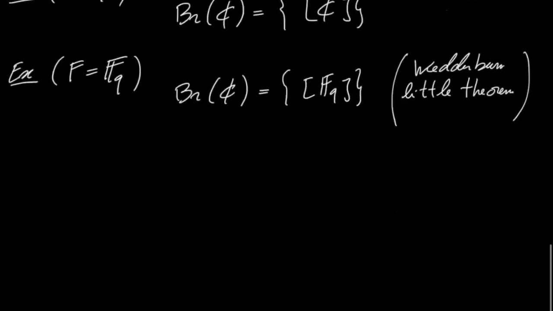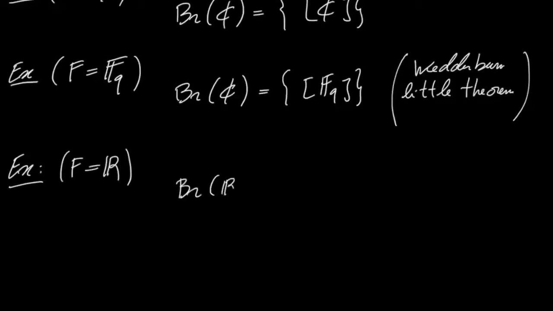But there are, of course, cases where the Brauer group is interesting. For example, over the reals. Over the reals, we saw that there are two central division algebras over R up to isomorphism. It's R itself, of course, and then the other one is the quaternions of Hamilton.